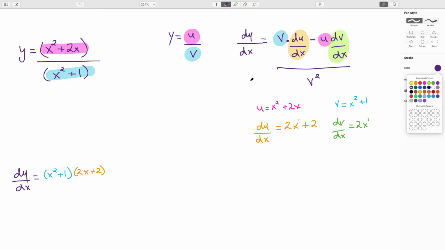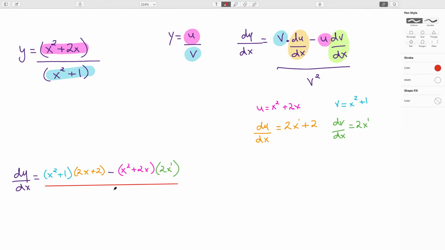So we're going to go minus u, which is x squared plus 2x. And multiply that by dv dx, which we know dv dx is 2x to the power of 1. And that's all over v squared, right? So all over v, which was x squared plus 1, and square that. So that's what we have there then.